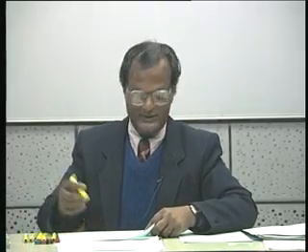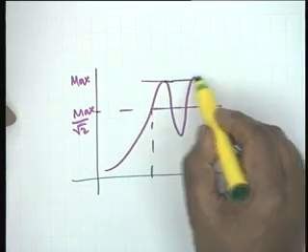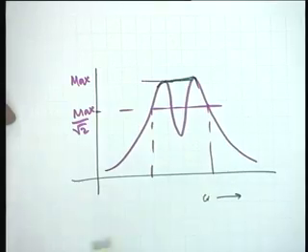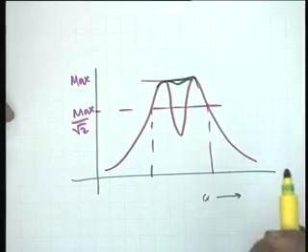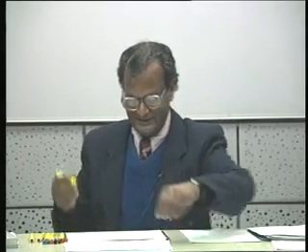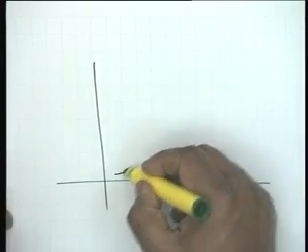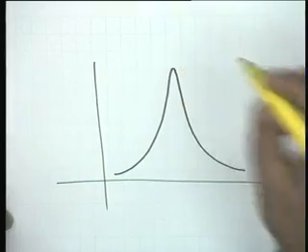However, the response that is of greatest interest is when this is almost flat. That cannot be achieved in practice, but you can achieve something like this, a small dip, alright, and the curves will follow like this. Once again look at this. This is the case when critically coupled.